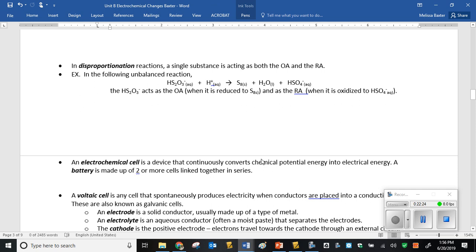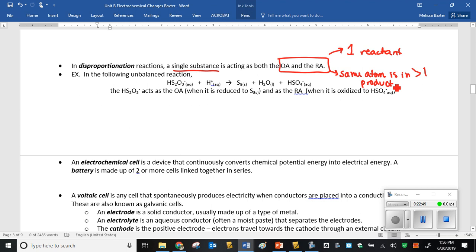There's the idea of disproportionation. Disproportionation is where you have the same substance acting as both things. And here are some hints to look for. If there's only one reactant, and if the same atom is in more than one product.